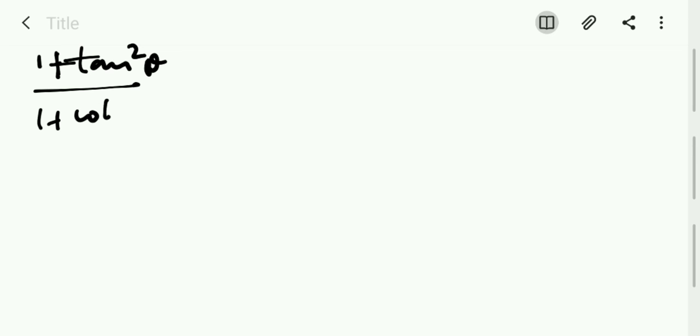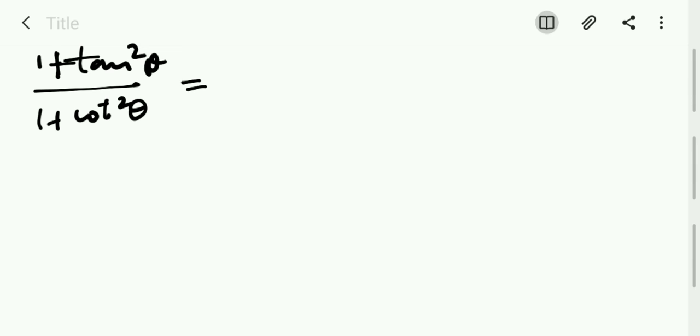Okay, now the next problem, this is 1 plus tan square theta by 1 plus cot square theta.